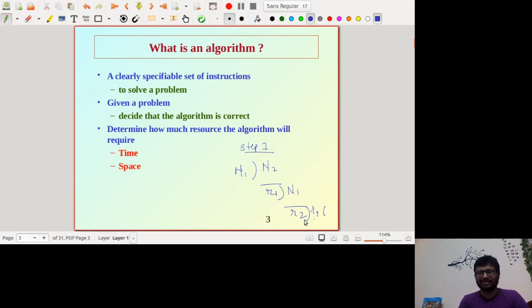Inputs, arrays of length at most 10. Numbers whose magnitudes are at most something. At least for a number to be stored in an integer variable, its magnitude cannot exceed 2 power 16 minus 1, 2 power 16 in unsigned integer, and so on.